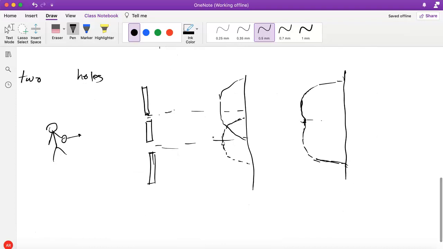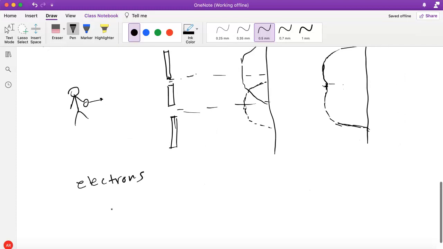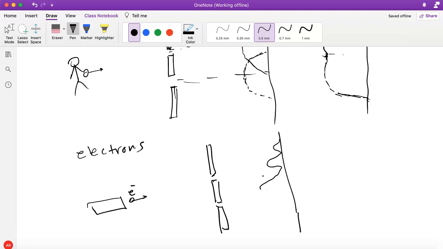So the intensity we observe for electrons, so if you have, let's say, these electrons being shot at a barrier with two holes, and we observe these patterns, basically what emerges. You have all these points, and ultimately you will see something like this. You'll see bright fringes and dark fringes. This is kind of like something squared, if you want to make an analogy, right?